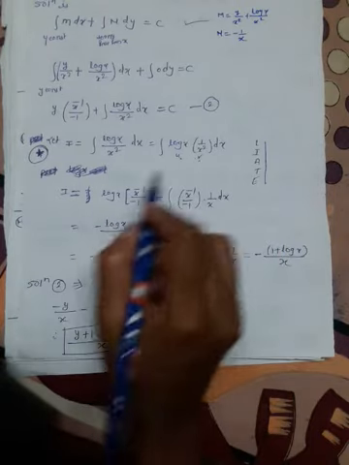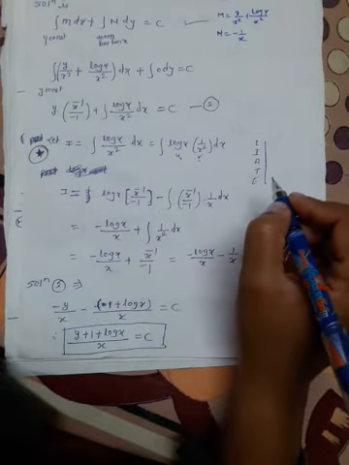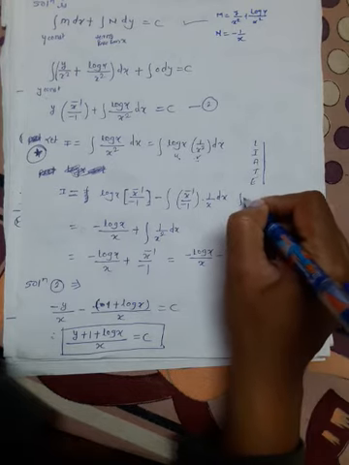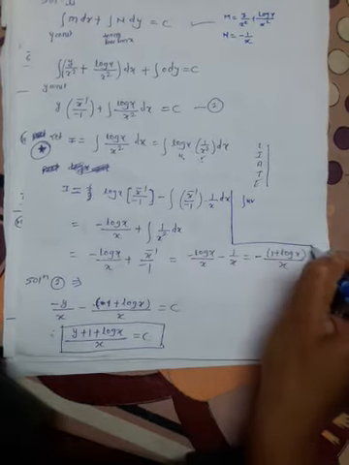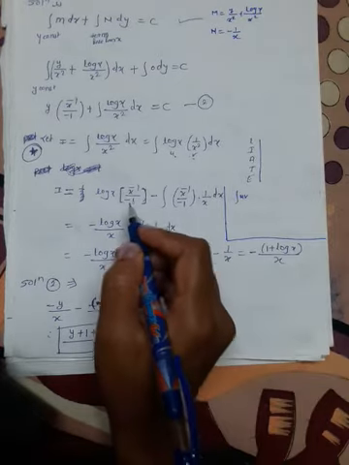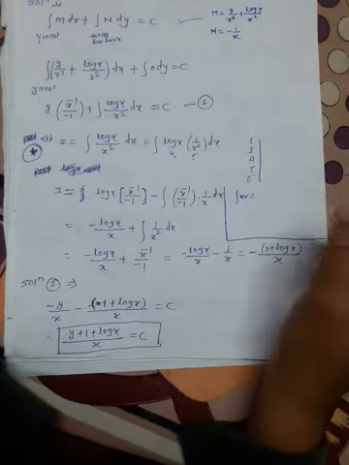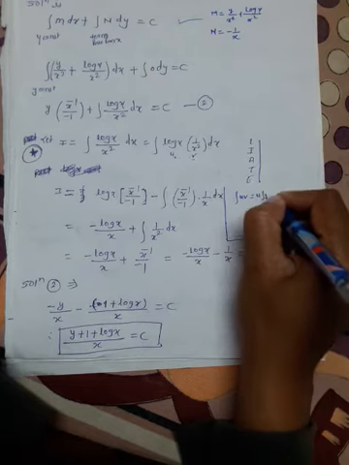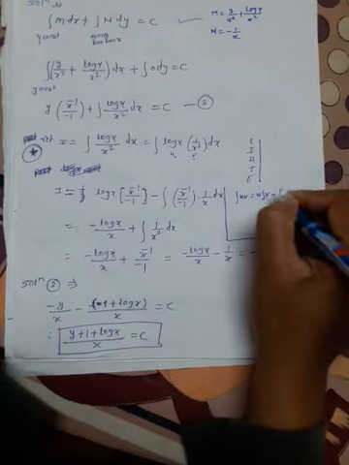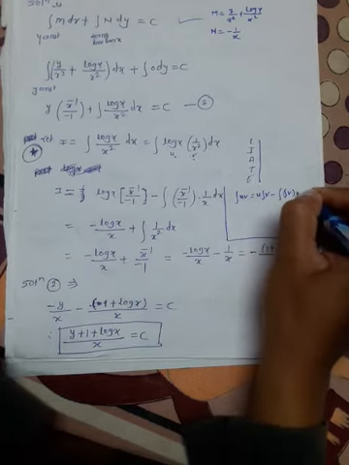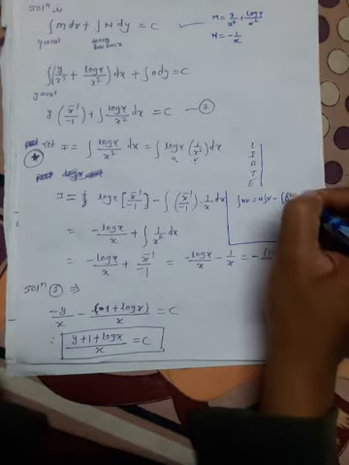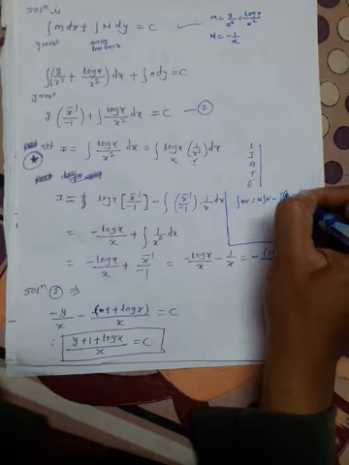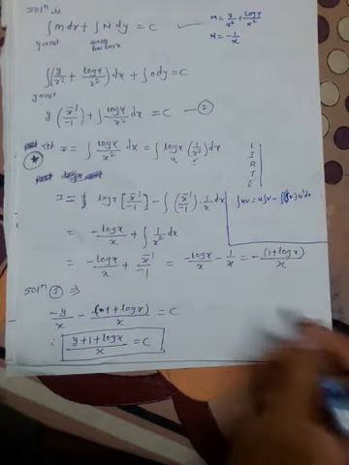Now I becomes, see, in this example we have to use the regular u into v rule: u into integration of v minus integration of the integration of v into derivative of u. This integration we have to use dx.